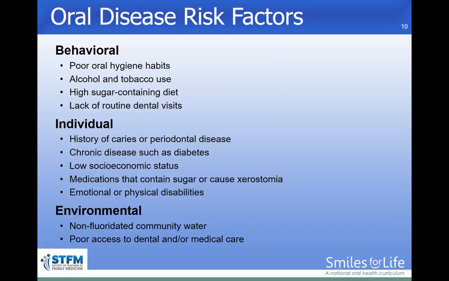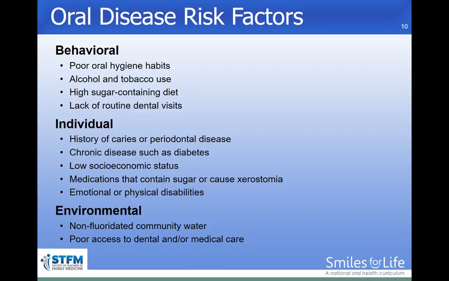What are some risk factors for oral disease? First one, behavioral: poor oral hygiene habits, alcohol and tobacco use, eating a diet high in sugar, and lack of routine dental visits.